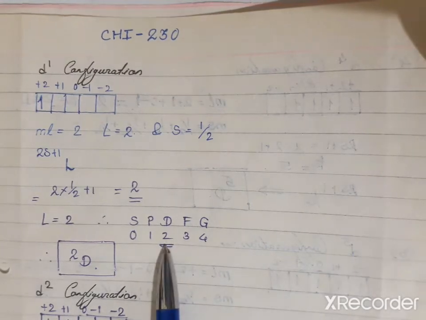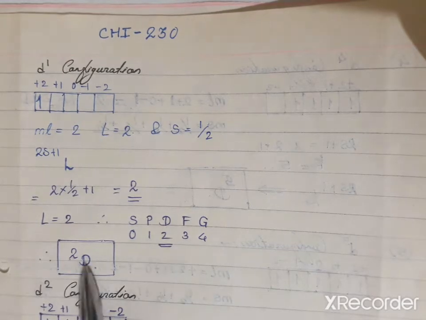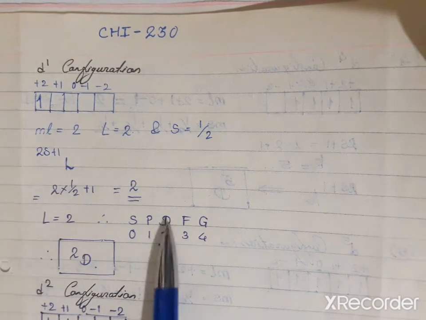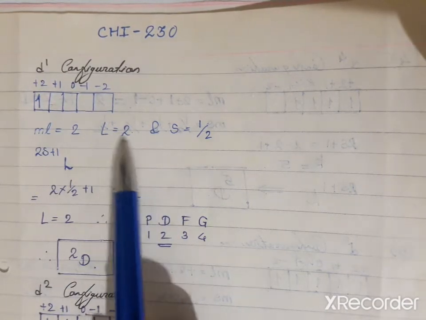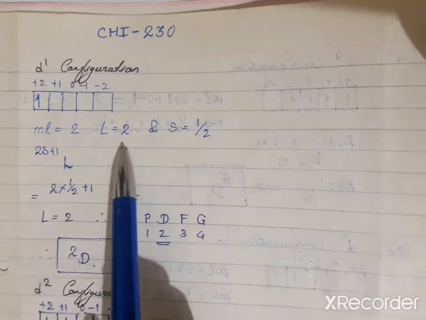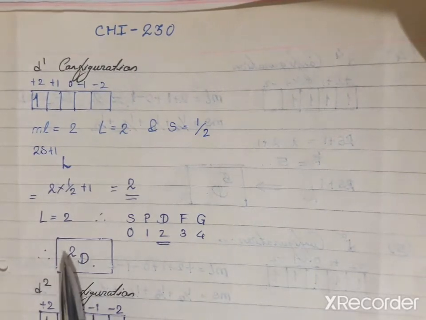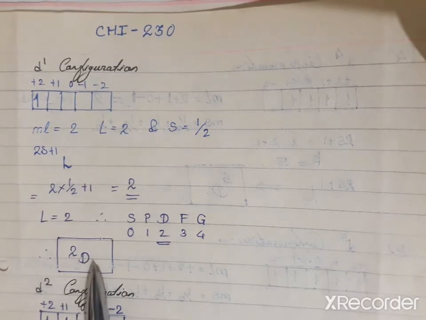So if ml is equal to 2, then the term must be D. That's why it is doublet D. So this is the Russell-Saunders term, or ground state term.